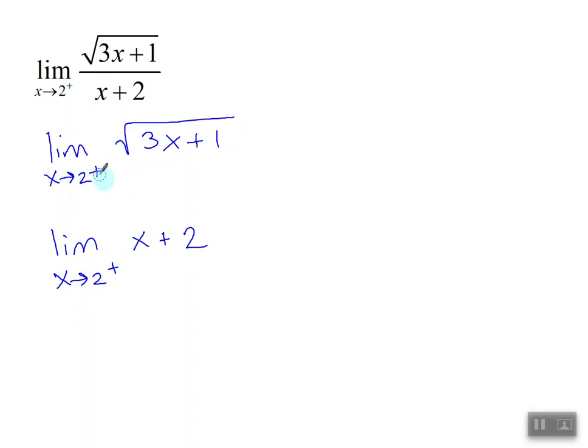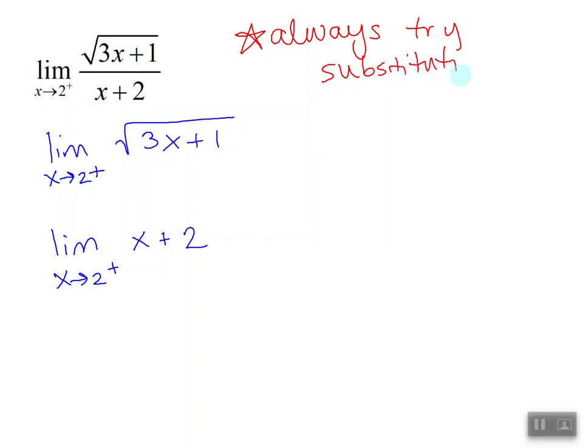Now, it might throw us off that this time we're looking for the limit as x approaches 2 from a specific side. But remember, we always try substitution first. If it works, we are done, and we don't have to worry about looking for any other strategies. So let's go ahead and try that.